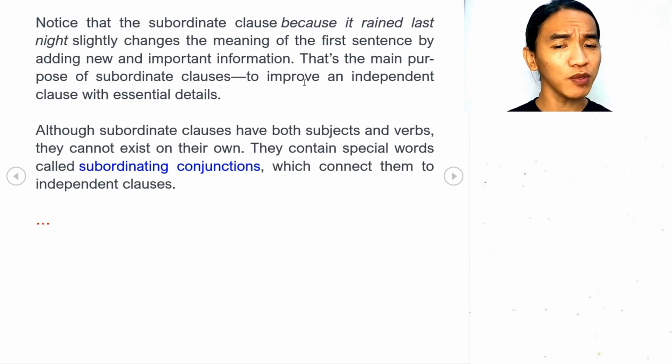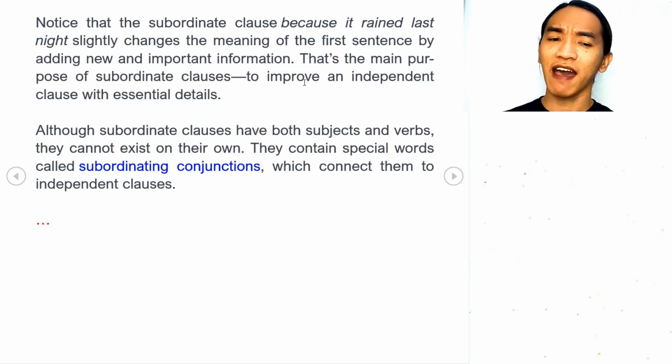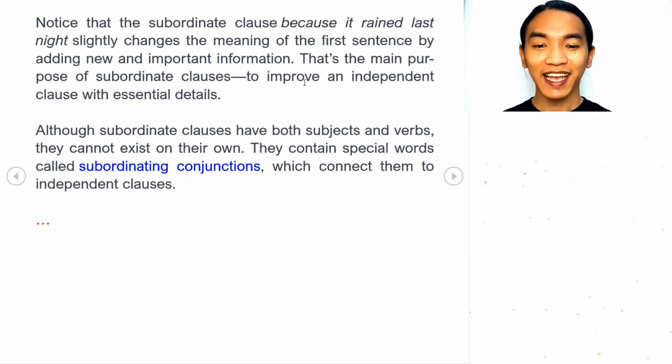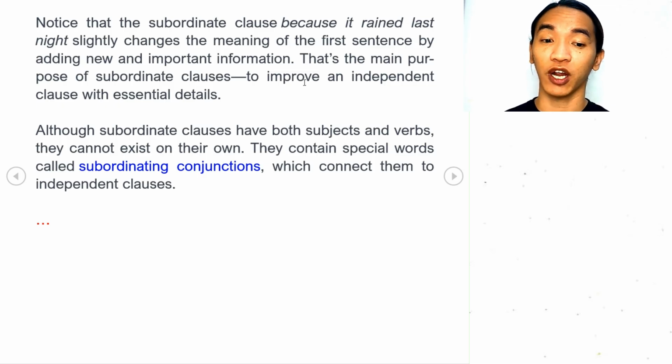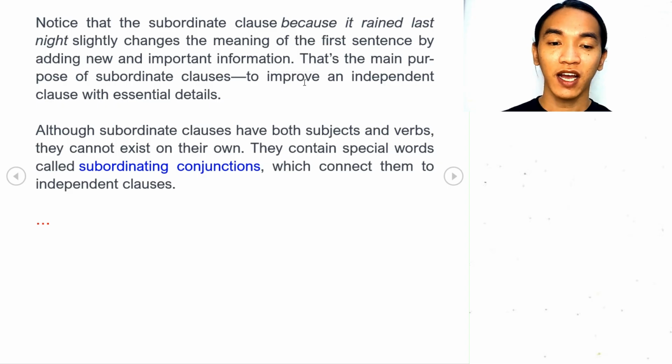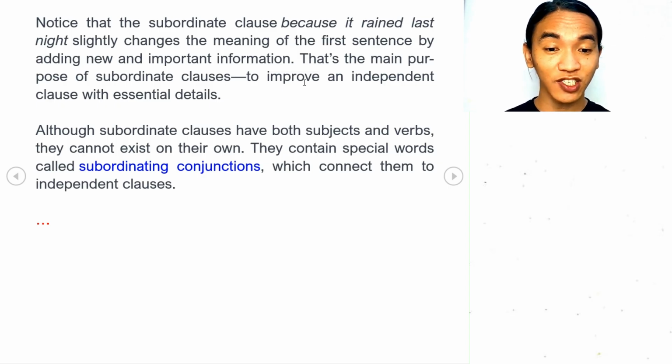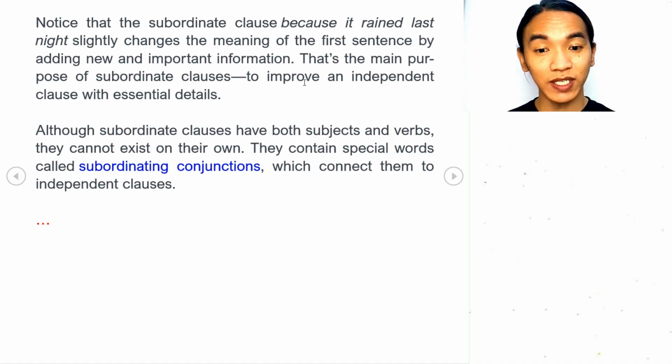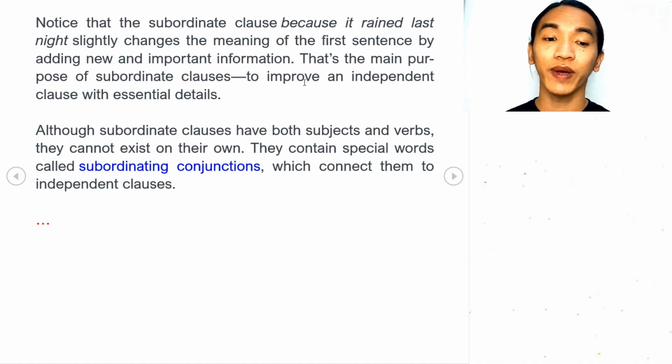Now, although subordinate clauses have both subjects and verbs, they cannot exist on their own. It means they cannot be a standalone sentence because the meaning would be incomplete. They contain special words called subordinating conjunctions, just like what we studied in the past videos, which connect them to the independent clauses.